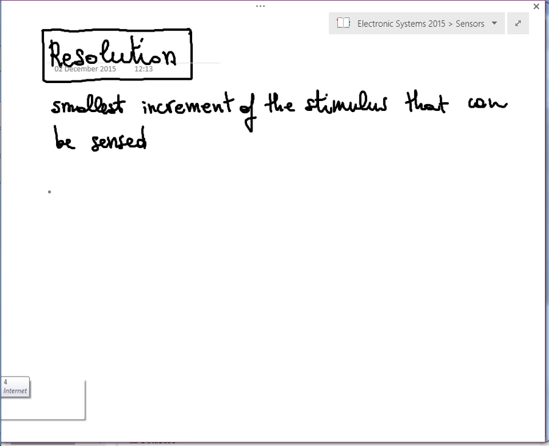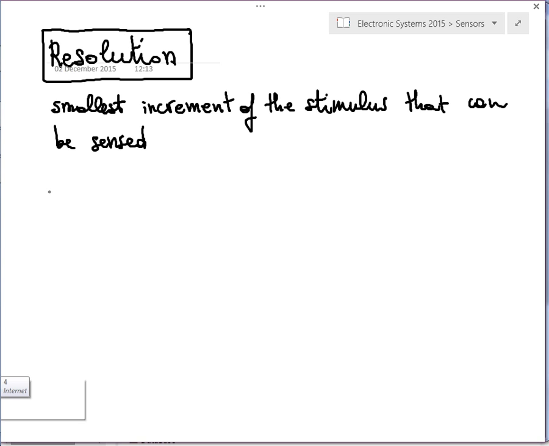Because we need to consider two aspects. Even if we are considering a continuous transfer function, and even if the sensor is analog, the resolution is not infinite, in the sense that there is an increment below which basically no different quantities are sensed. This is true for analog sensors.